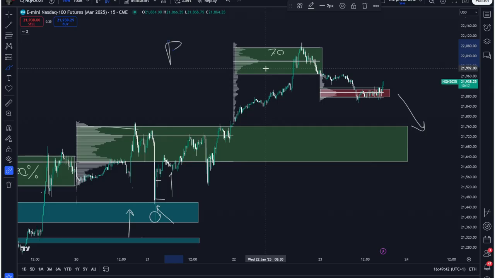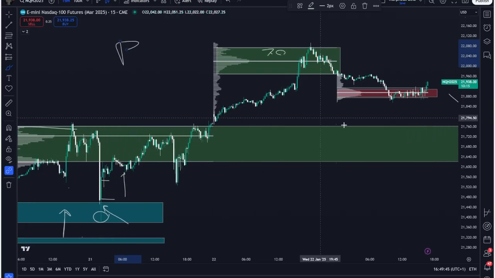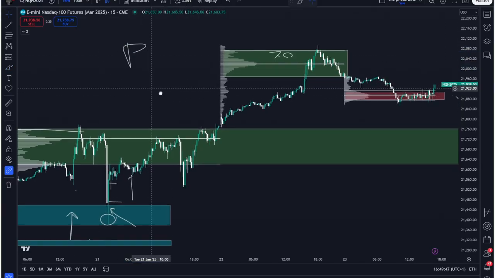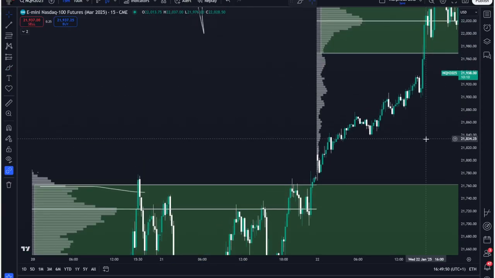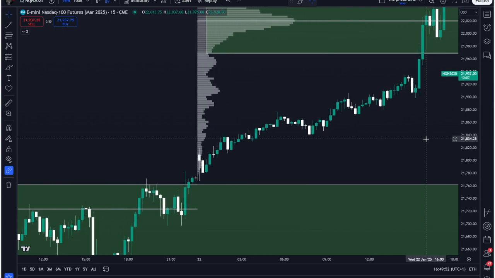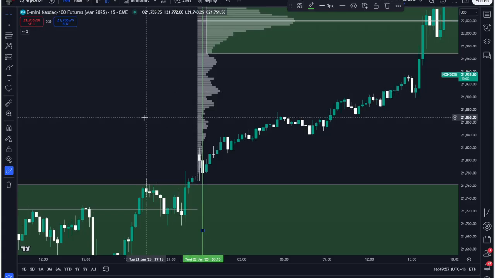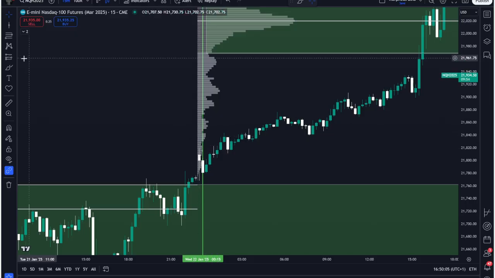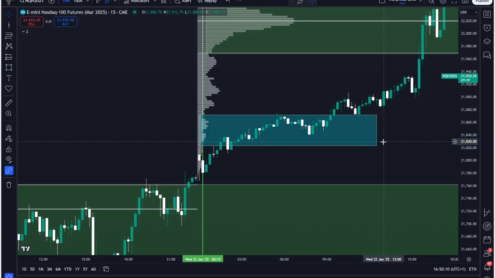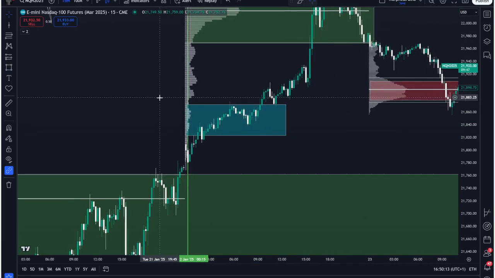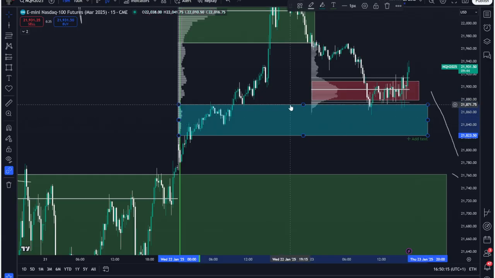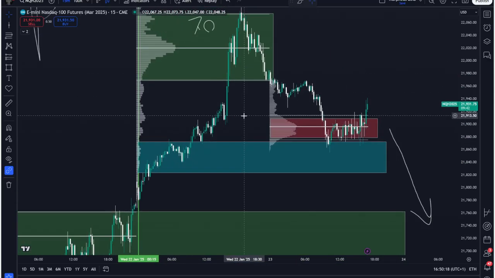If I zoom in and expand the price, and put a vertical line here, the lowest levels where I have the least volume are this one and this one. I have these two levels, so I can use them to pinpoint possible market reversal. And this is exactly what the market is doing here.